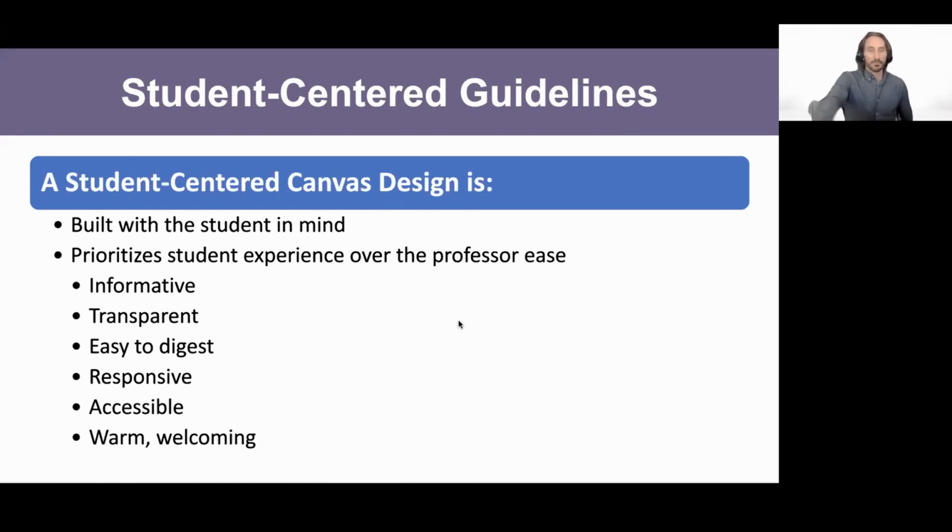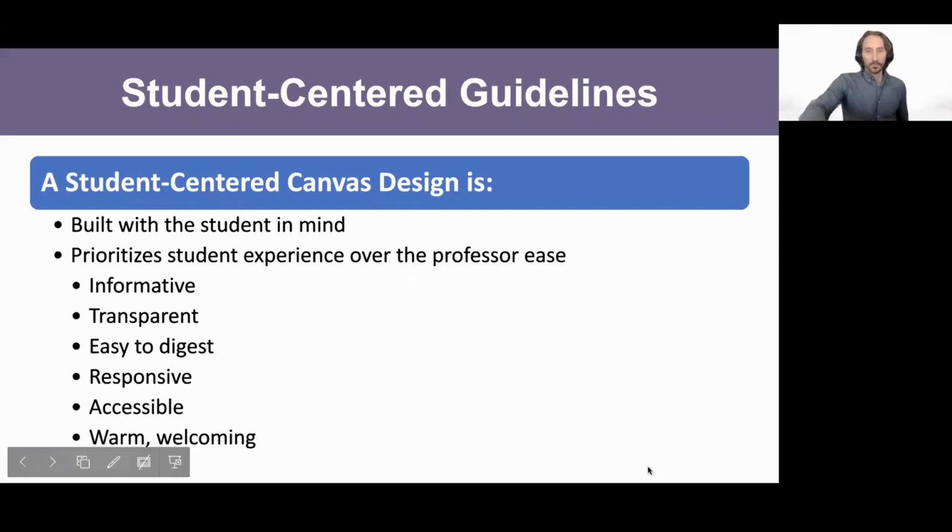And a student-centered design is informative, transparent, easy to digest, responsive, accessible, warm, and welcoming. And we'll talk about what we mean by each of these terms here. But informative, right away, that's where a lot of our comments were when we were brainstorming the things that we like in Canvas.